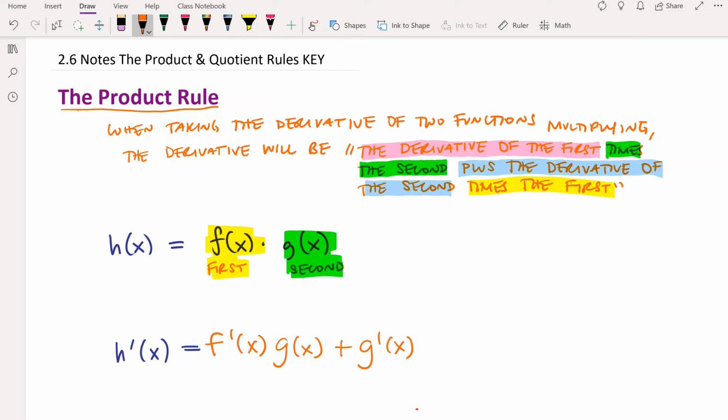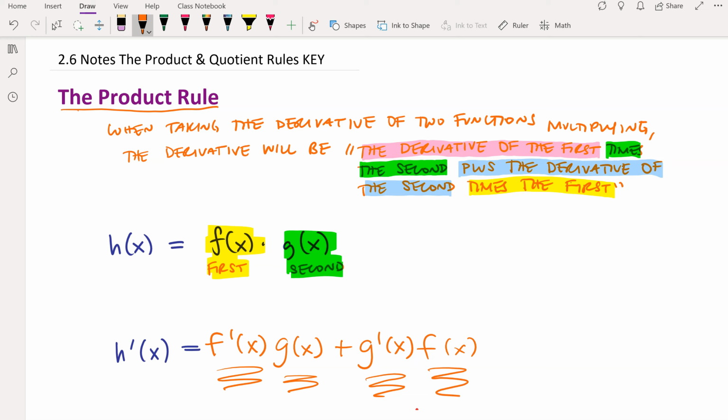So we just write times f of x. We just took the derivative of two functions multiplying. H prime is f prime of x times g of x plus g prime of x times f of x. Or I say the derivative of the first times the second plus the derivative of the second times the first.